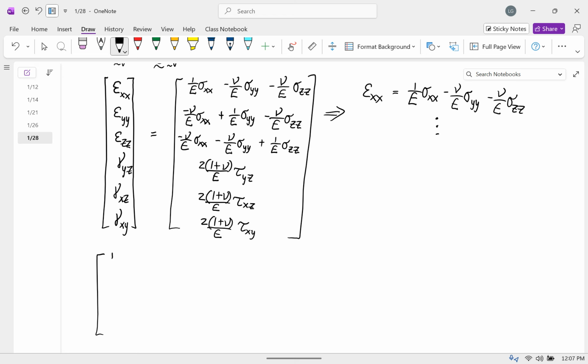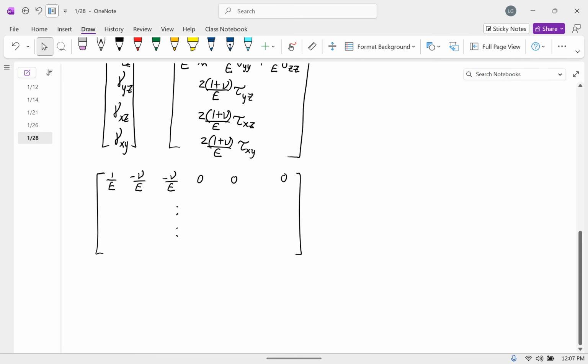Yeah, and so remember the compliance matrix first line looks like this. Then you have all this down here. And you're multiplying that by the Voigt stress that looks like this.